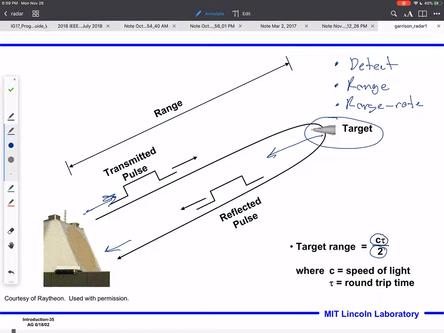When I derive the radar equation, we'll see that the area of the target plays a very similar role in the radar equation as the effective area played in our communications link budget. And the radar equation is going to be very similar to the communications link budget.